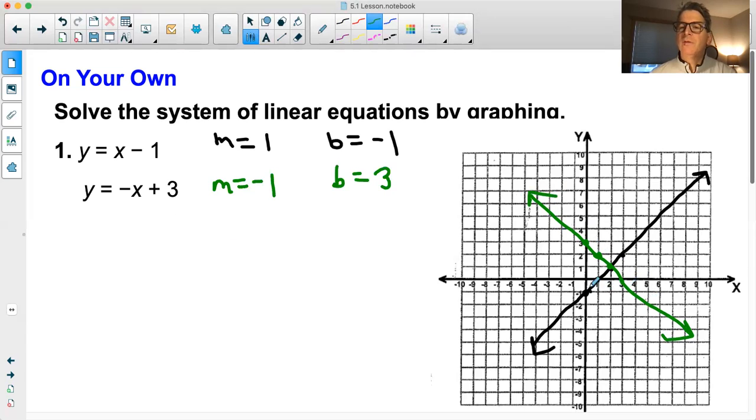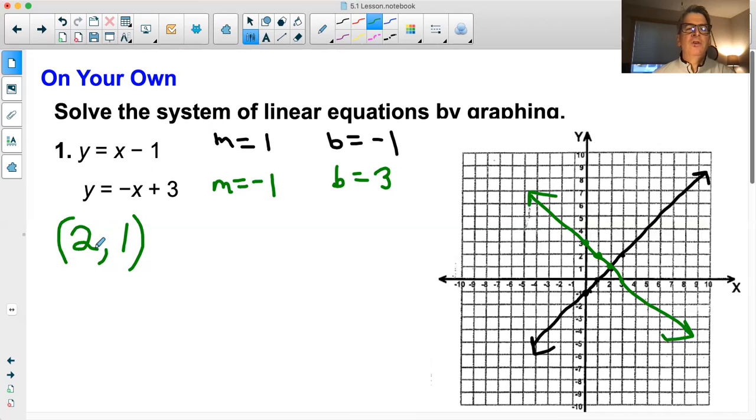Now it appears this solution is at 2, positive 1. So our solution is at 2, comma 1 for number 1. And if you take a look at that, 2 minus 1 is 1. So it checks out for number 1, equation 1.